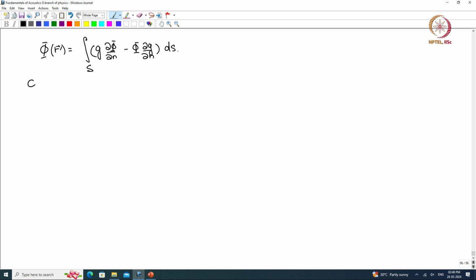Now, if phi is pressure, then what I have is the pressure at r dash is the integral over S of the Green function, del p del n minus p del g by del n.